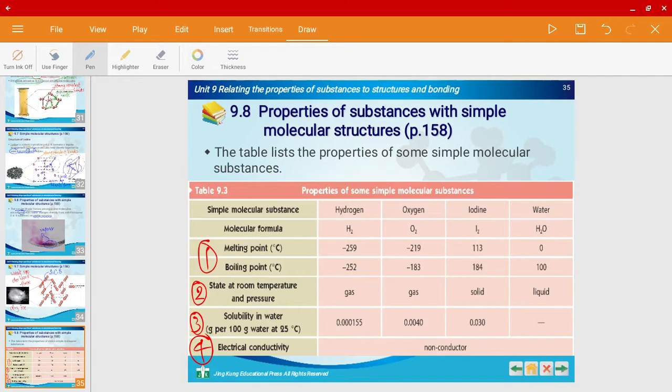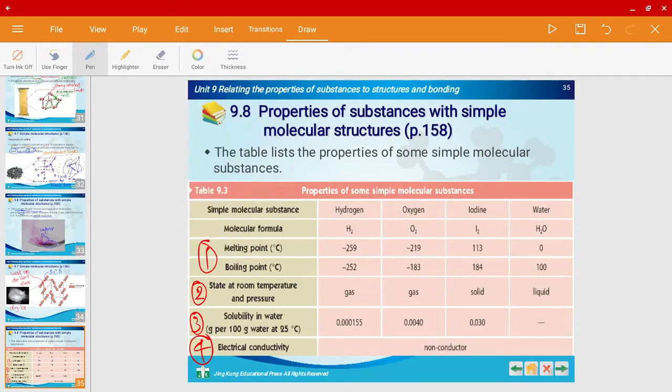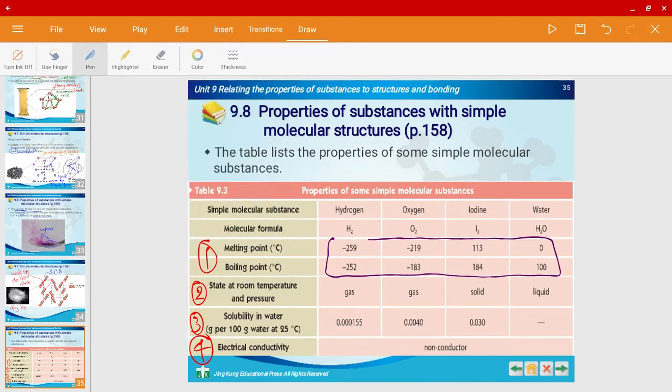Based on the data given over here, it's easy to notice that the melting and boiling points of these simple molecular substances are low, and usually at room temperature and pressure they are gases or liquids, except for iodine.